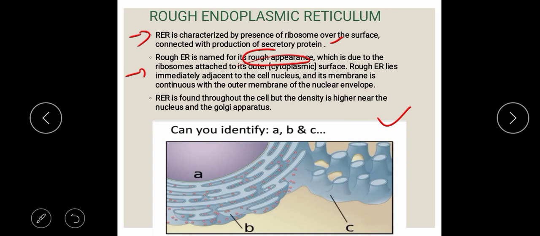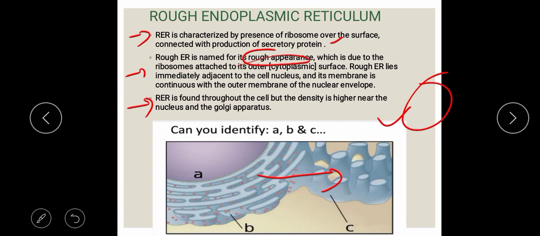Rough endoplasmic reticulum lies immediately adjacent to the cell nucleus. Its membrane is continuous with the outer membrane of the nuclear envelope. Rough endoplasmic reticulum is found throughout the cell. Density is highest near the nucleus and the Golgi apparatus.